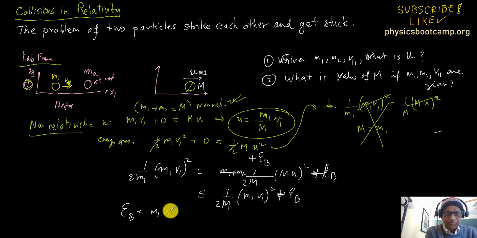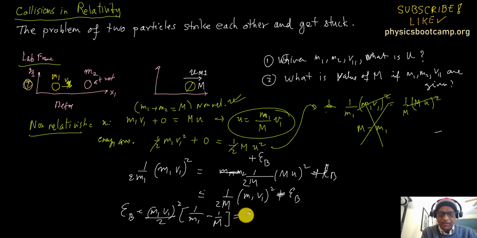So you have M1 V1 squared, 1 over 2 M1 minus 1 over big M, and you can further simplify it, because it's going to be half M1 squared V1 squared, and you have M1 big M, and so big M minus M1, and this becomes M2.